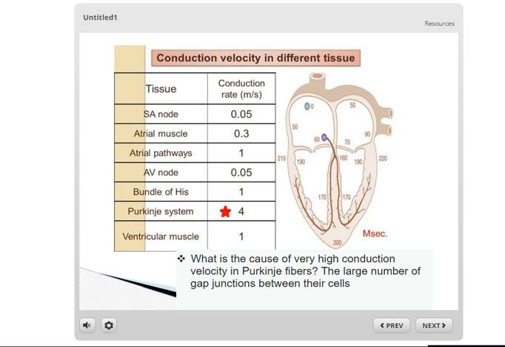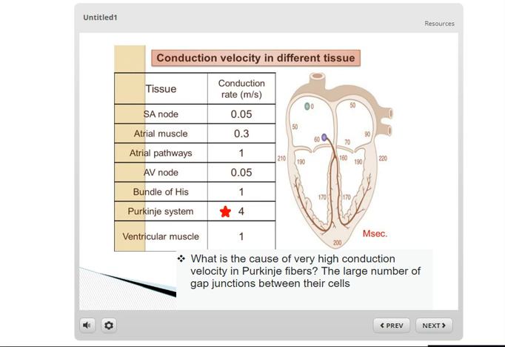The Purkinje fiber have the highest conduction velocity, which is crucial for the rapid spread of electrical impulses throughout the ventricle, facilitating effective pumping action. And the AV node has the slowest conduction velocity, serving as a critical delay point in the conduction pathway. This variation in conduction velocity is essential for the proper timing and coordination of the heart contraction.